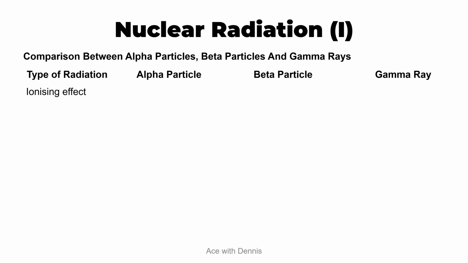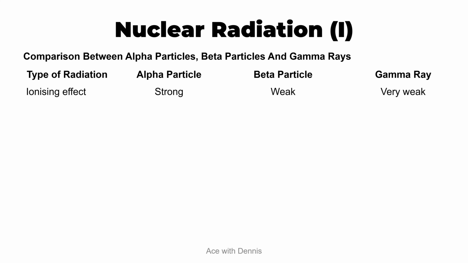For ionizing effect, since alpha particle has relative charge of positive 2, it has a strong ionizing effect. For beta particle, it has relative charge of -1, hence it has a weak ionizing effect. For gamma ray, it is neutral, hence it has a very weak ionizing effect.